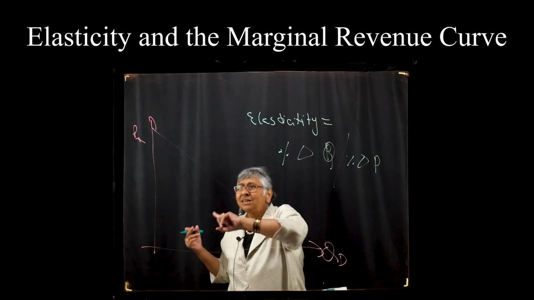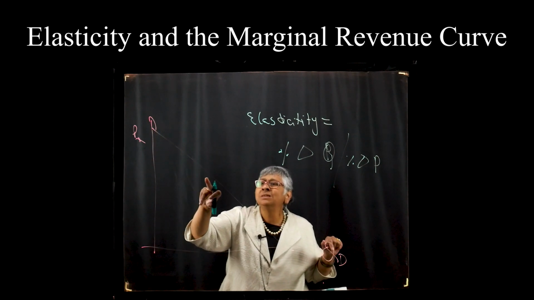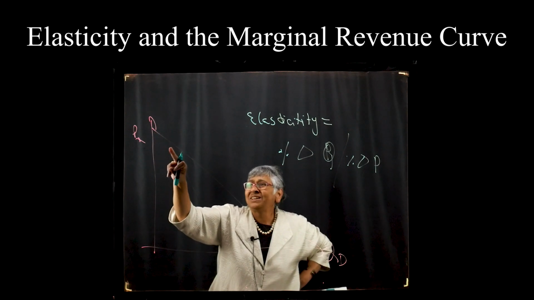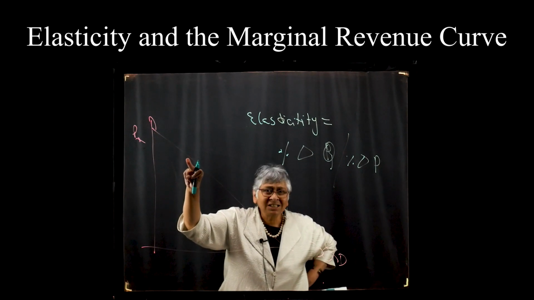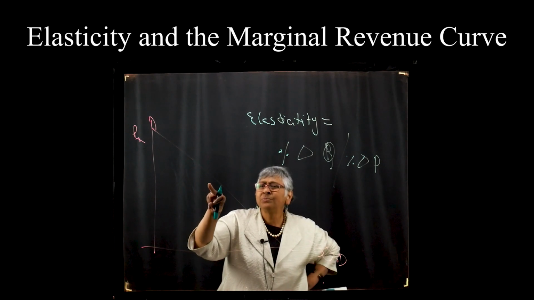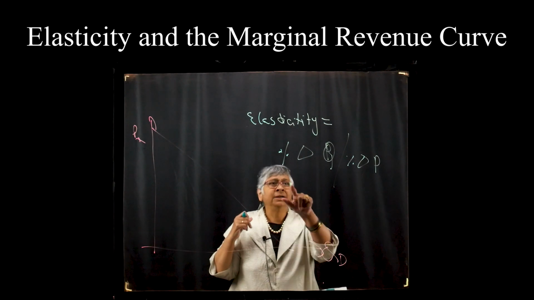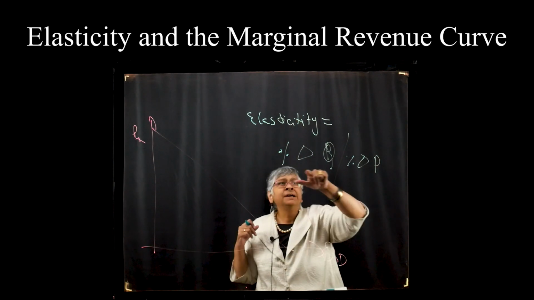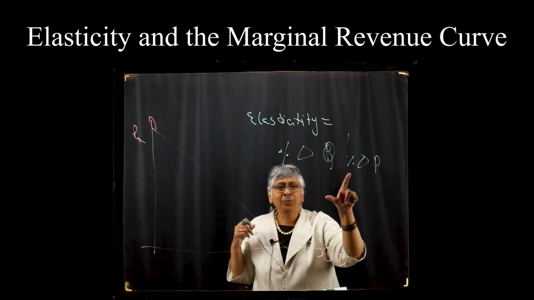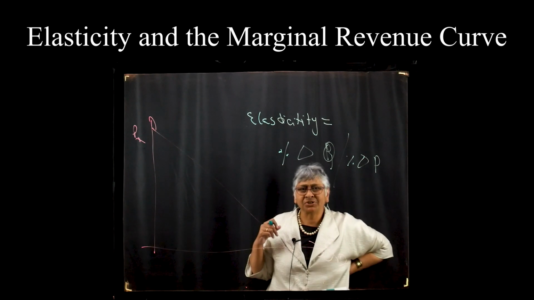So what I'm seeing is that when I come down this demand curve, initially as price drops but quantity increases, my revenue goes up. Keeps going up, keeps going up, keeps going up. But eventually it falls. Why? Because of elasticity. When price changes, quantity also changes.